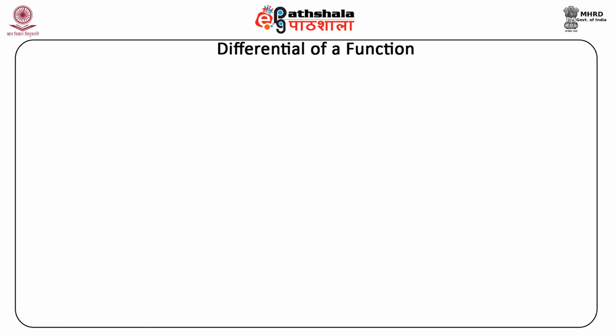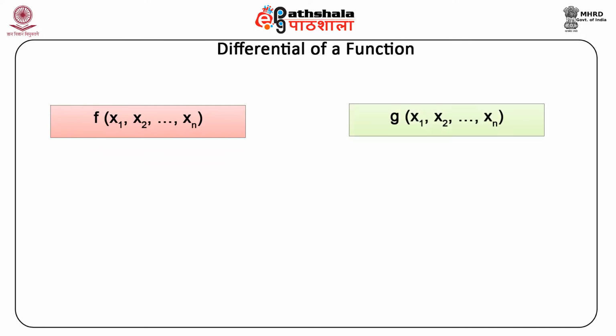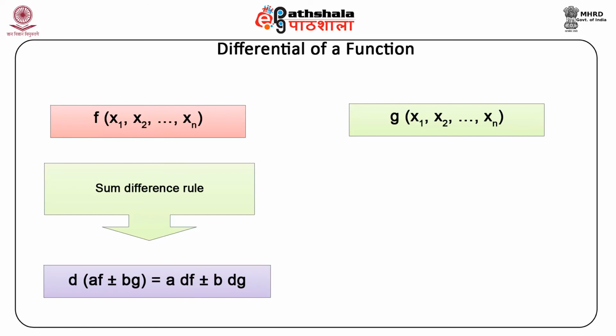derivatives. Let f and g be two differentiable functions of n variables, f of x1, x2 up to xn and g of x1, x2 up to xn, then sum difference rule: d of af plus minus bg is equal to a df plus minus b dg for any two constants a and b.